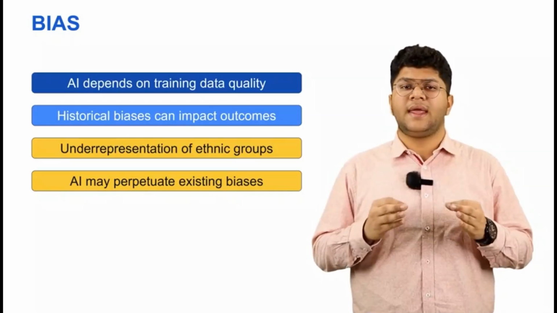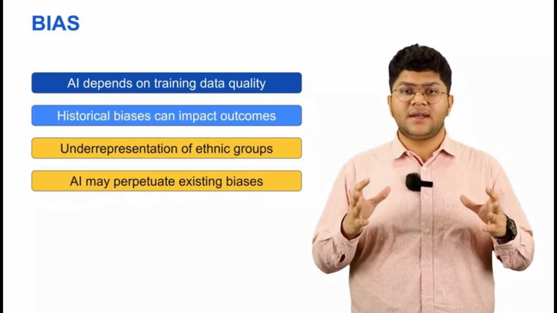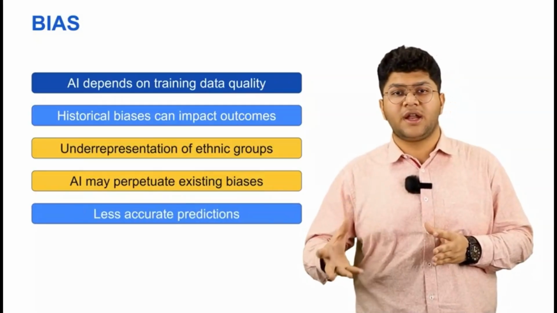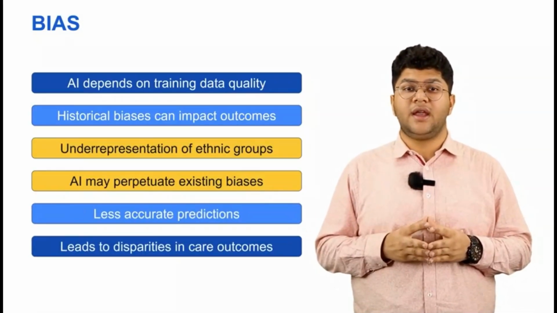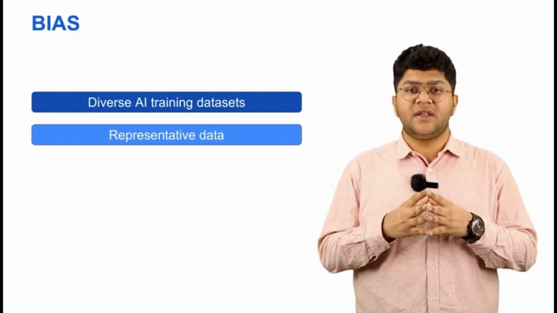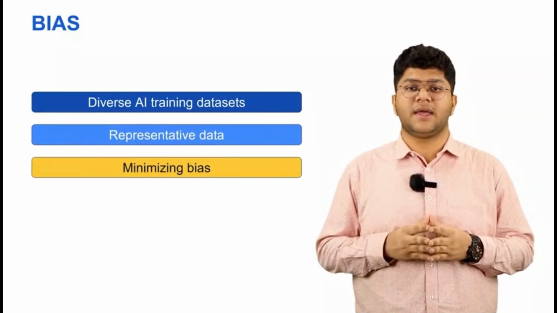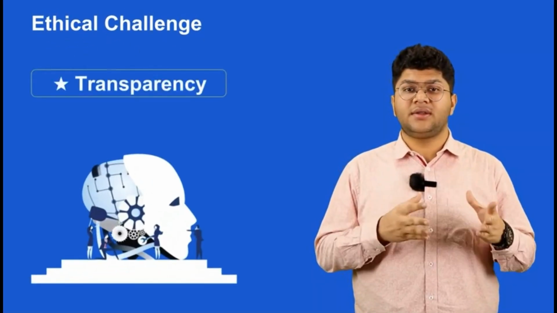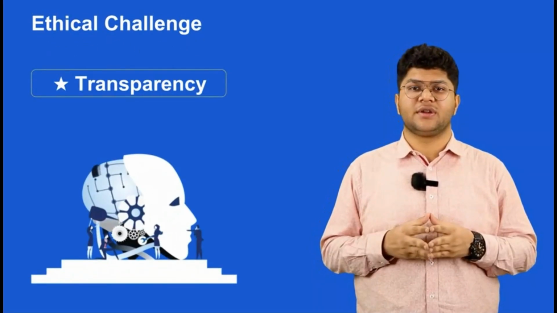For example, an AI system trained on a dataset that underrepresents women or minorities may make less accurate predictions for these populations, leading to disparities in care. Ensuring that AI training datasets are diverse and representative is critical to minimizing bias and ensuring equitable healthcare outcomes for all patients.